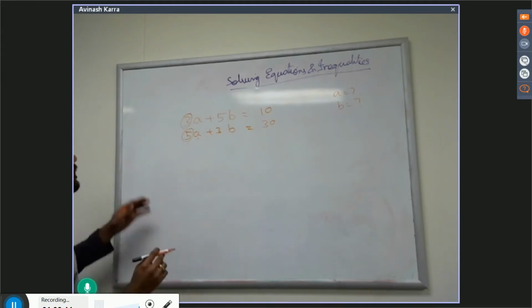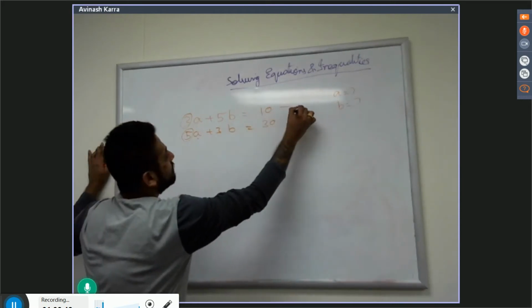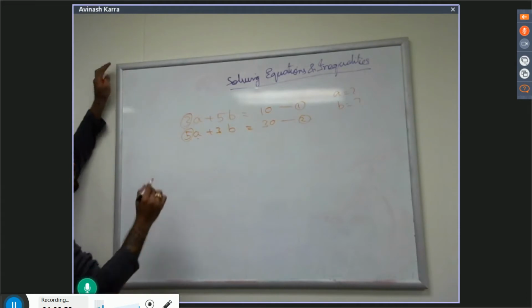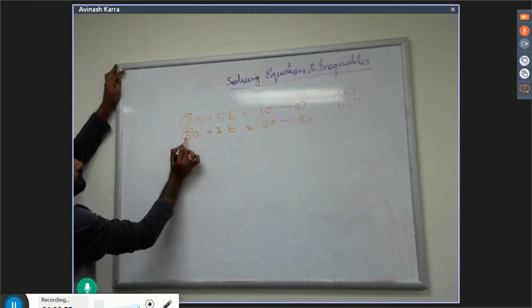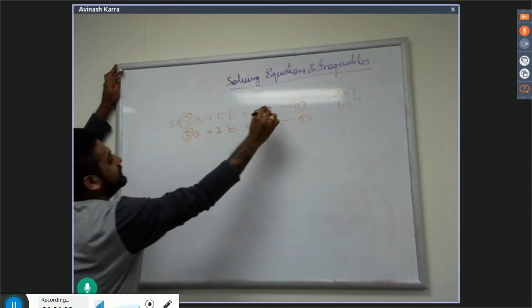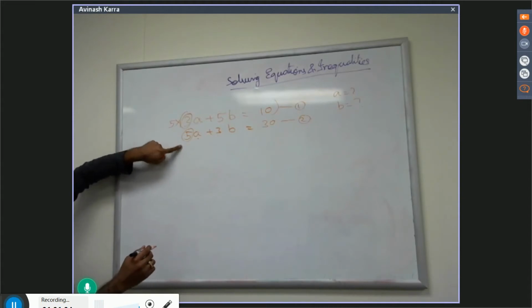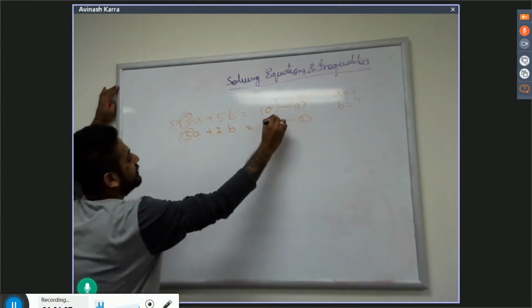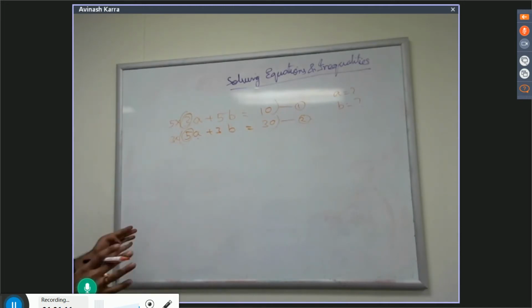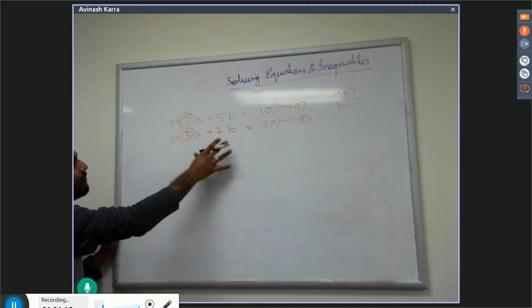So for that, let it be equation 1 and equation 2. If I multiply the whole of equation 1 with 5, and the whole of equation 2 with 3, does the value change? No, I'm just manipulating its form, that's it.